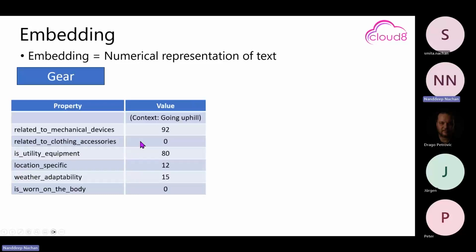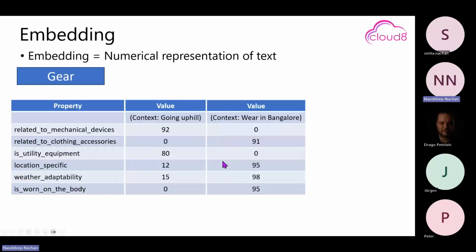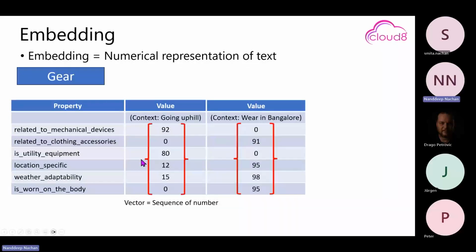Once the context is going uphill, we are giving more values to the properties which are associated with mechanical devices or equipment. And when the context is any of these cities, we are giving more weightage or more values to clothing accessories, weather adaptability or location specific. And this is nothing but called a vector. So a vector is nothing but a sequence of numbers that can help you represent a numeric kind of representation of your text.